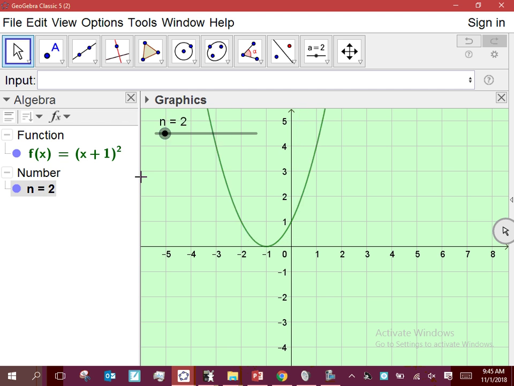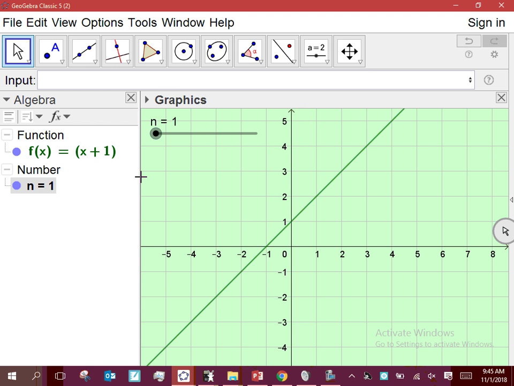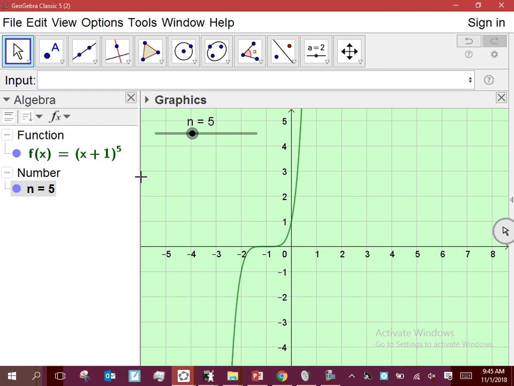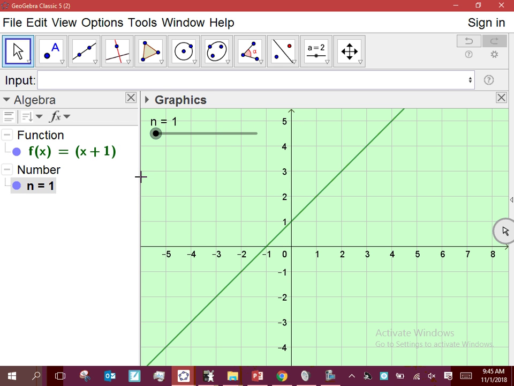What are you seeing that happens when these are odd? Yeah, as we approach that x-intercept, we're approaching from kind of below the x-axis, right? We hit that x-intercept, and then we continue to travel through above the x-axis. Okay, so you pass through the x-axis.